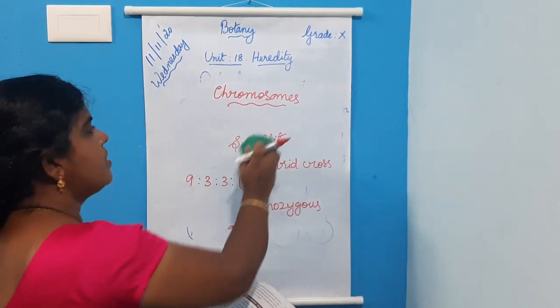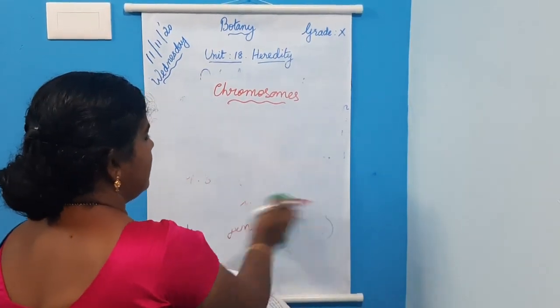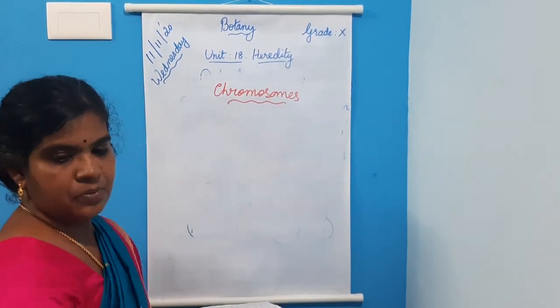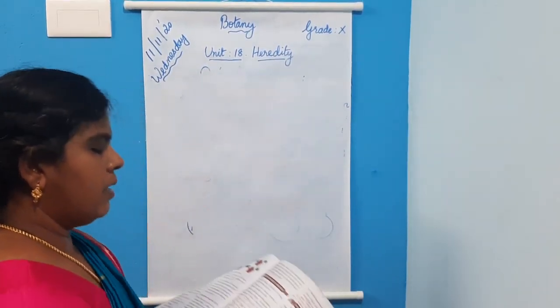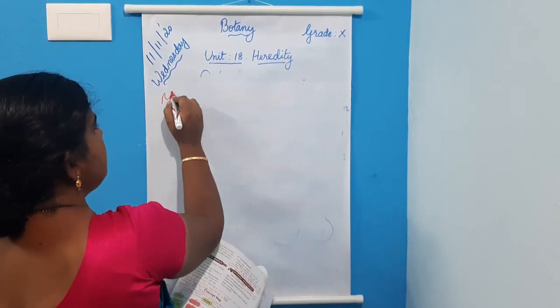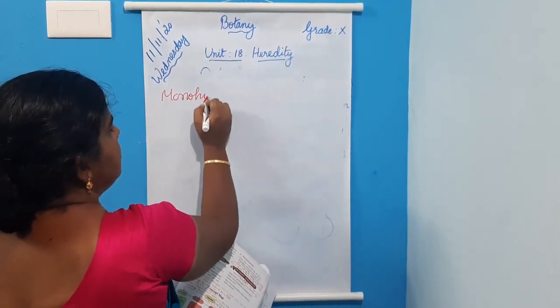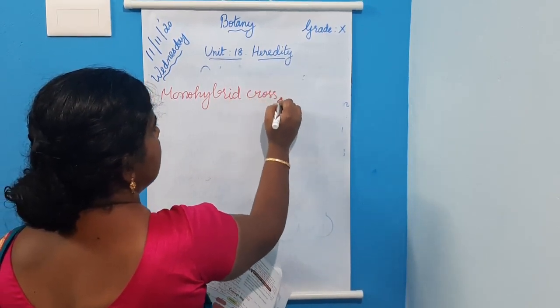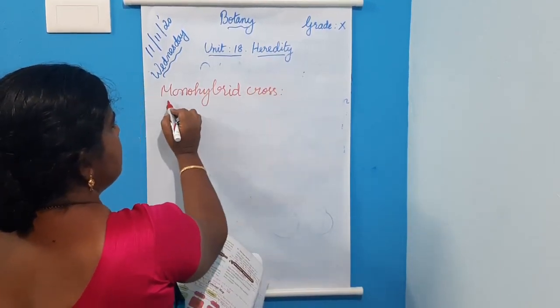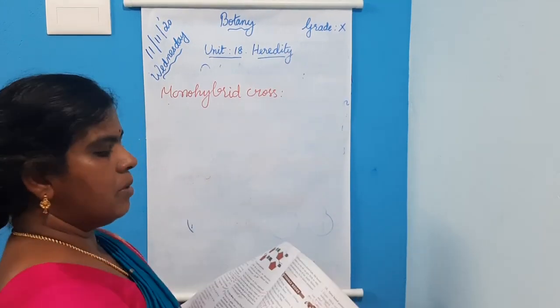Draw two columns. Monohybrid cross. Draw two columns and write.